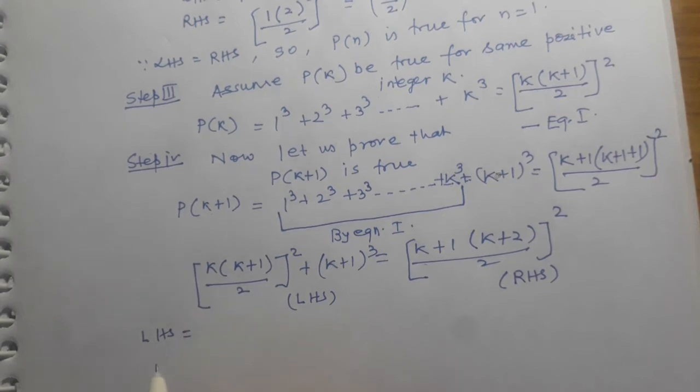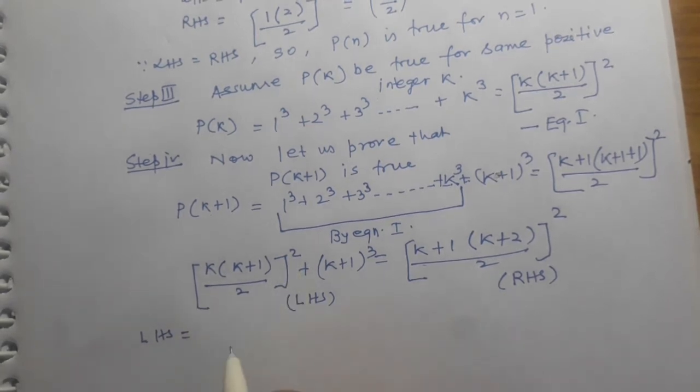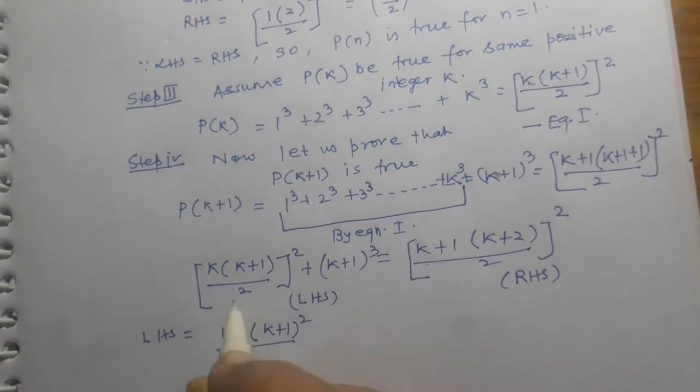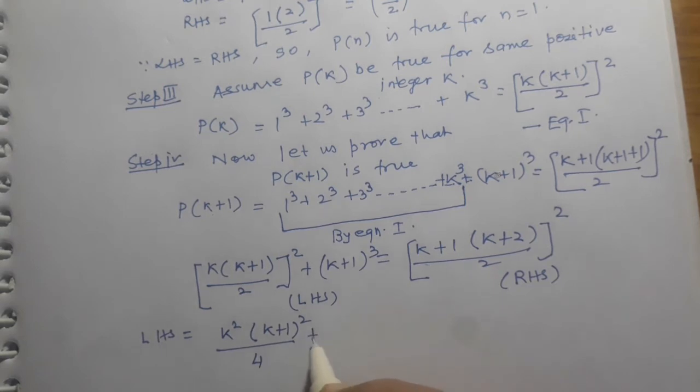LHS is equal to k square into k plus 1 square by 2 square, which is 4, plus k plus 1 whole cube. And now we shall take 4 as LCM.